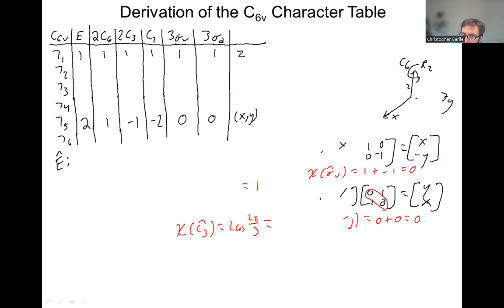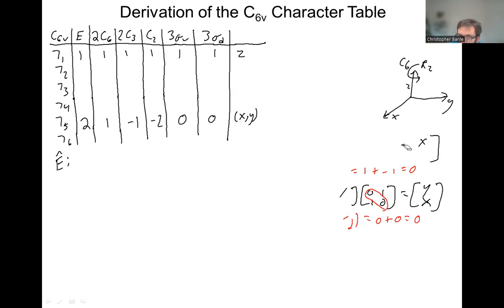So there's our z, there's the z-axis, and Rz is just wrapping around. And what we're going to be looking for is, does Rz change direction when we walk through one operation each from the 6 classes of the C6v character table that we're deriving here.